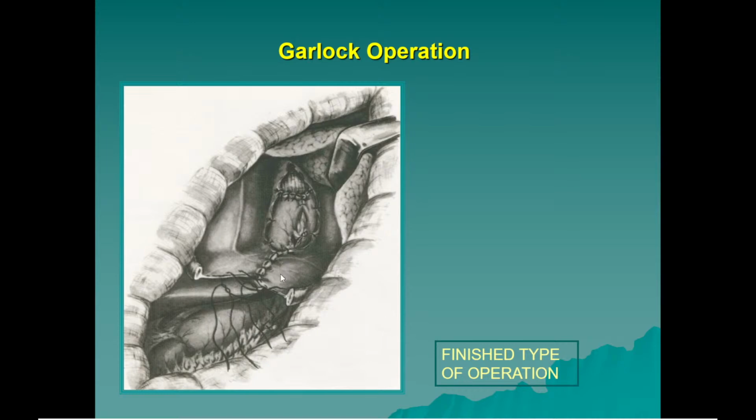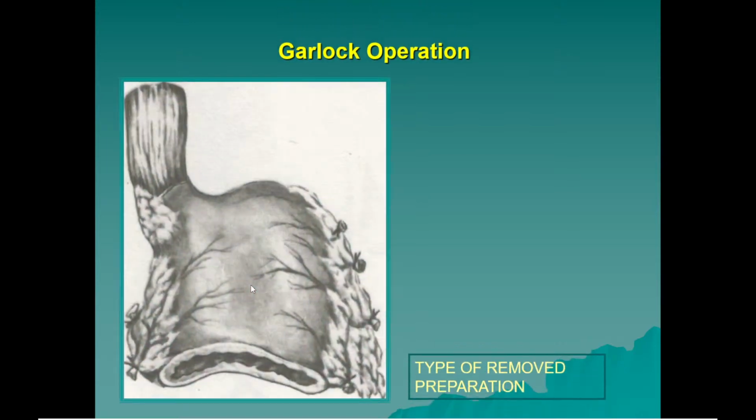And this diaphragm, stitch the diaphragm. The prepared type of removed preparation in the Garlic operation, part of the stomach, and here we see the tumor, lower part of the esophagus.